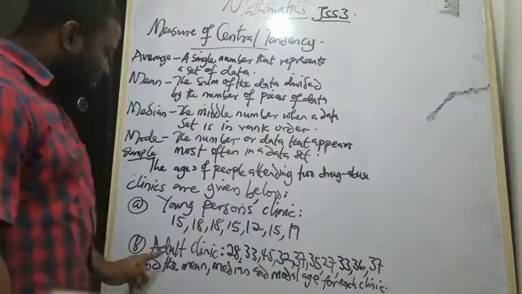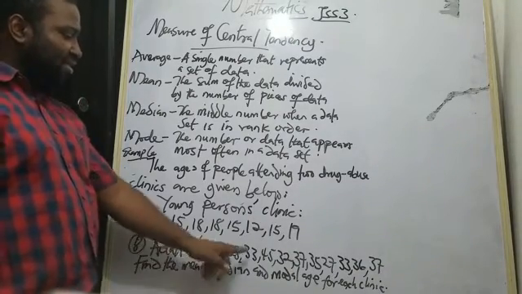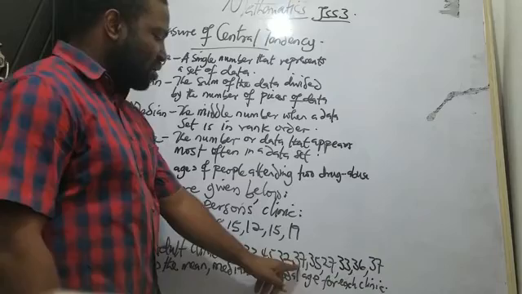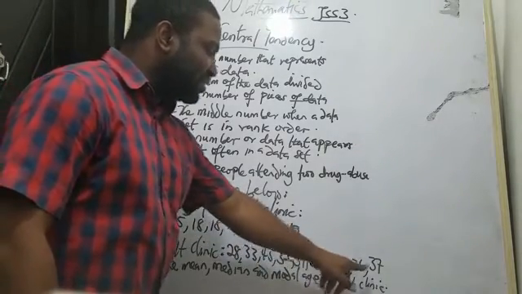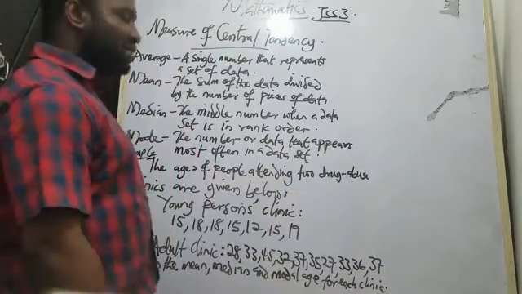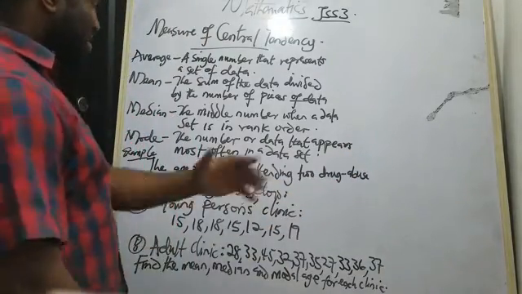For the adult clinic, we have 28, 33, 45, 32, 37, 35, 27, 33, 36, and then 37 years. These are their ages.